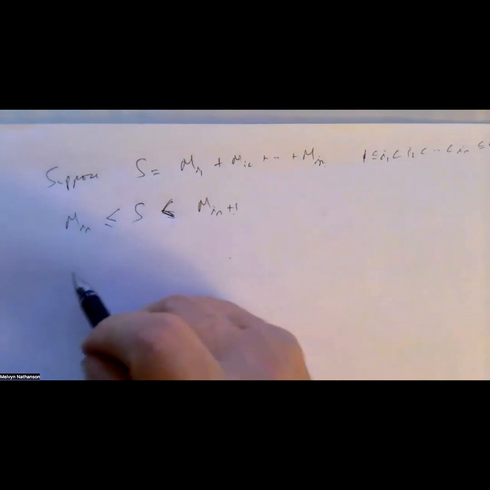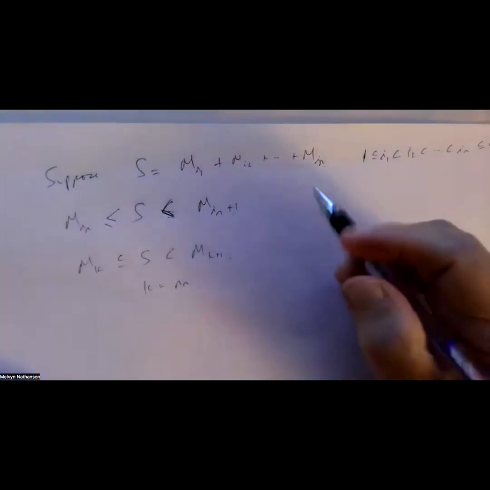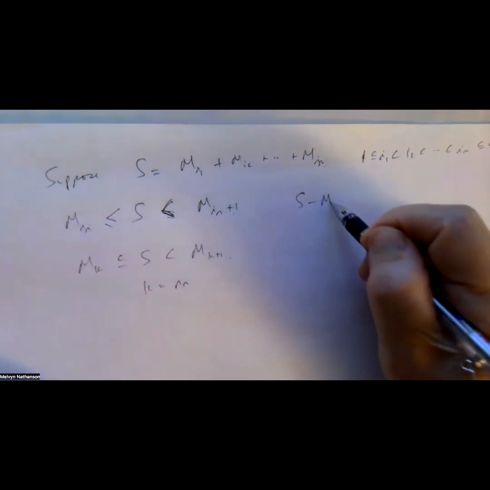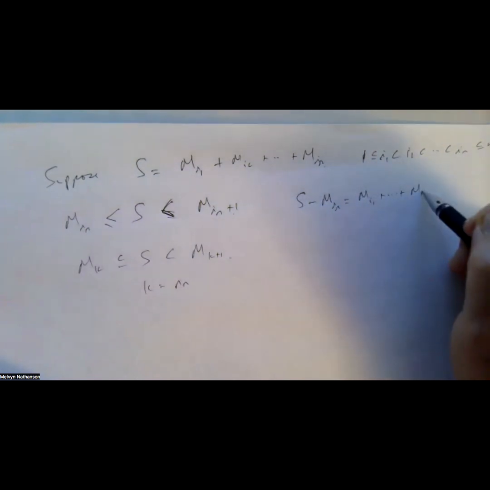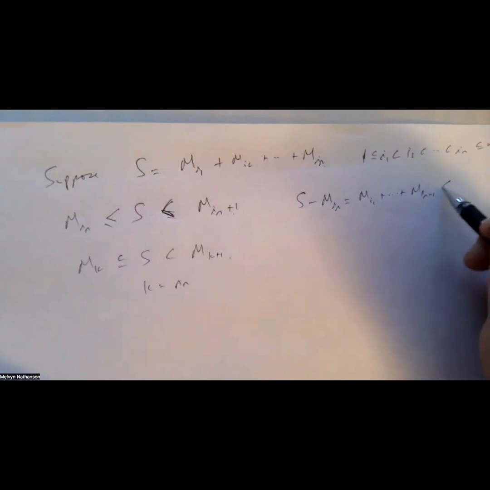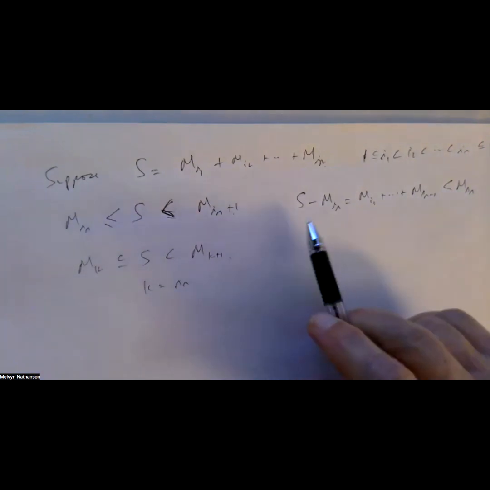So s is less than this and greater than or equal to m sub i_r. So the largest k such that m sub k is less than or equal to s is going to be i_r. And s minus m sub i_r is m_{i1} up to m_{i_{r-1}}, which is less than m sub i_r. So that's what I wanted to say.